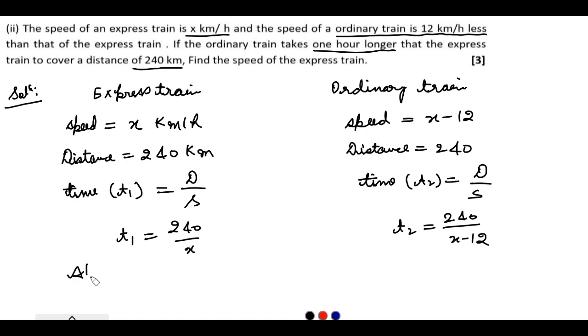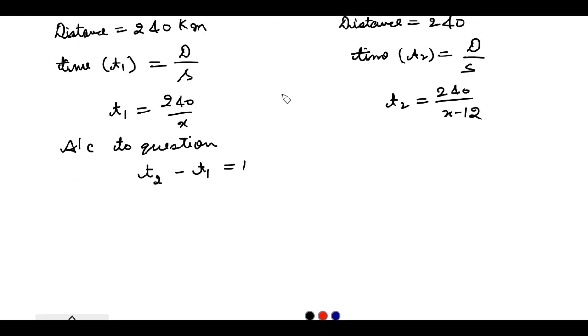Now, according to the question, the ordinary train takes 1 hour longer than the express train. It means t2 is 1 more than t1. Now put the values of t1 and t2 and solve this for x. You will get the speed of the express train.